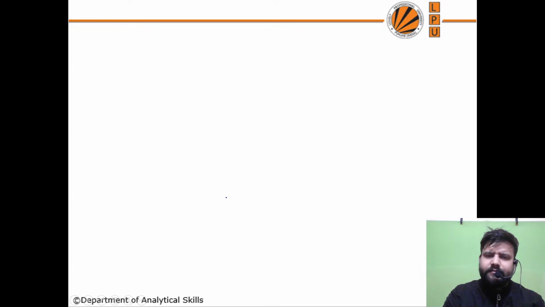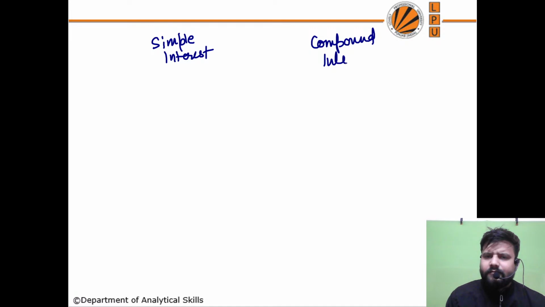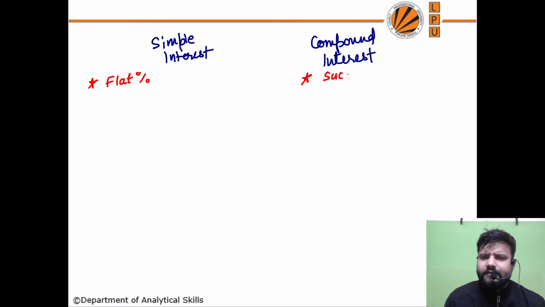Now let's move further. First is your simple interest. Second is your compound interest. Now, simple interest means flat percentage. Compound interest means successive percentage.